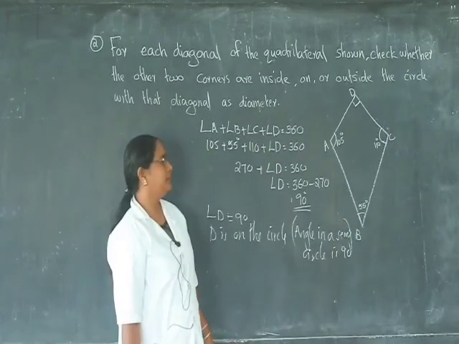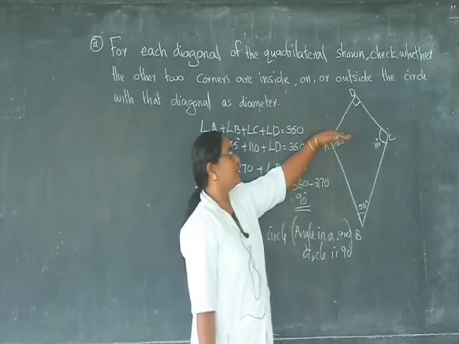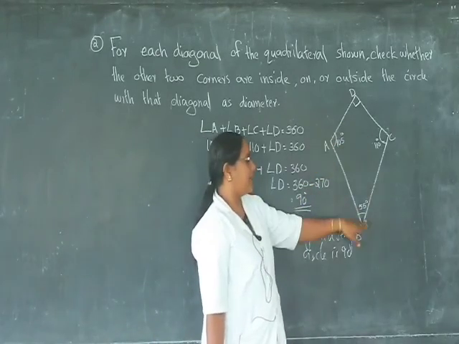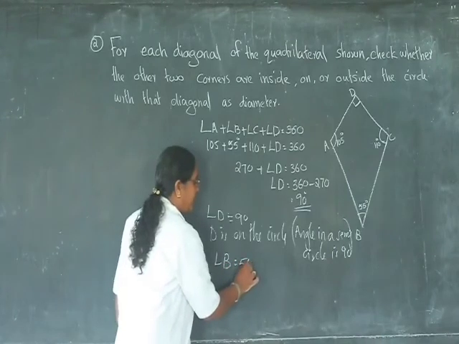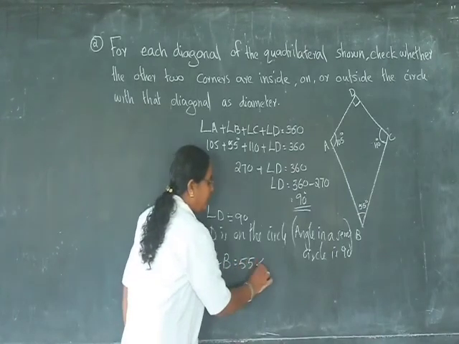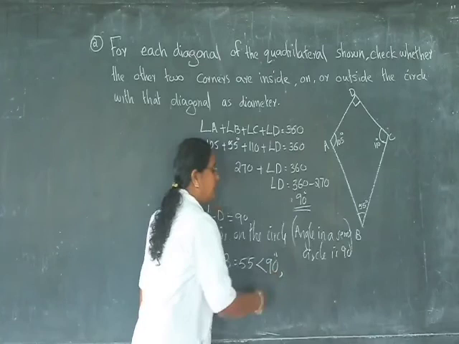In the same manner, use AC as the diameter. What is the condition of B? B is 55, and 55 is less than 90.